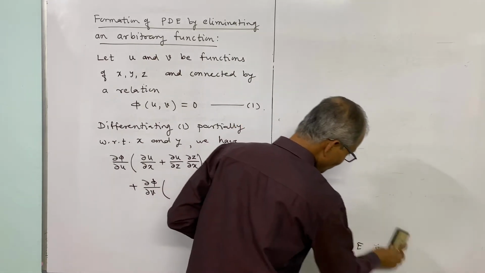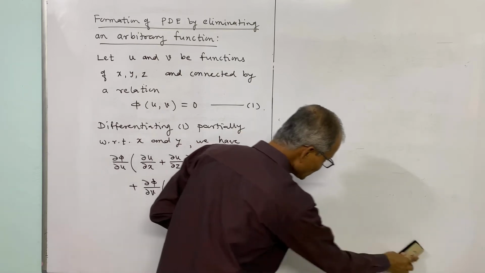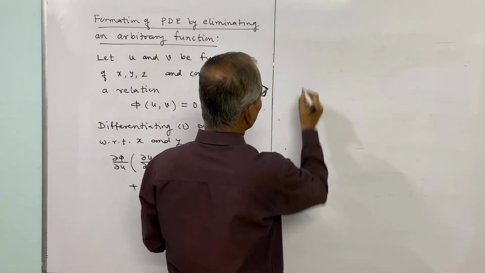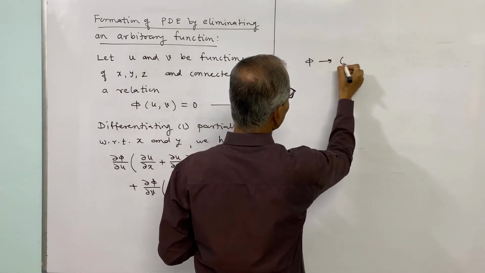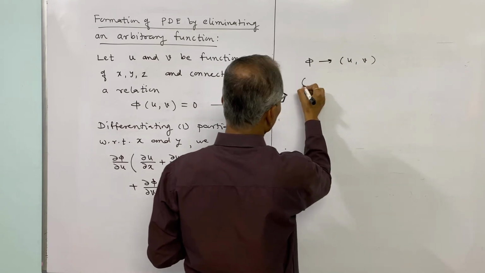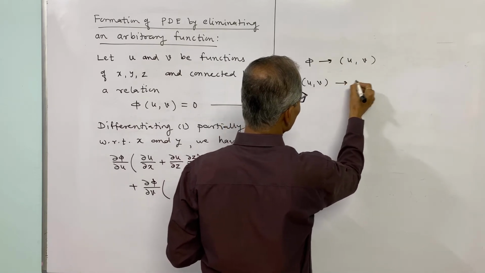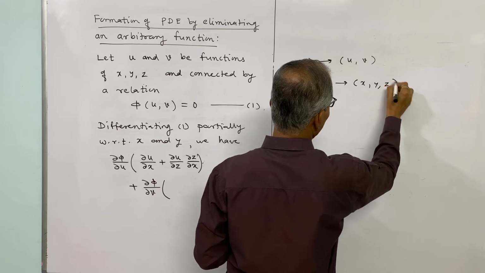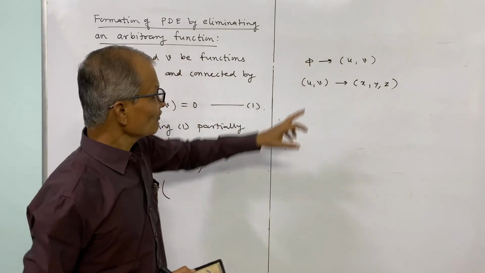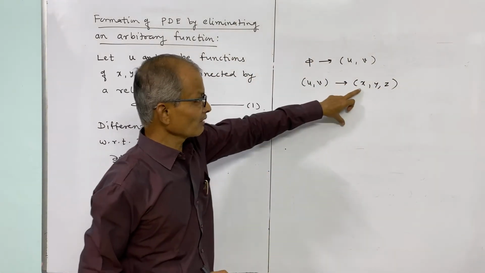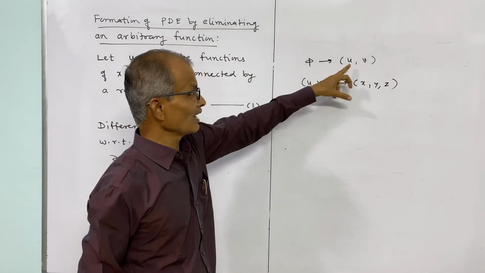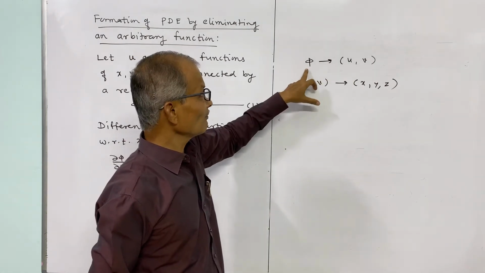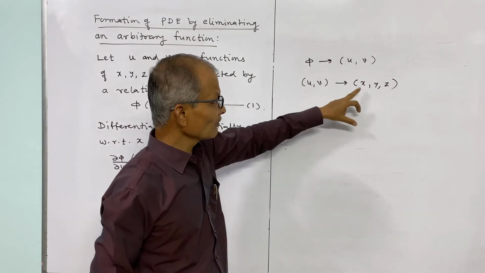See, phi is a function of u and v, and u and v are functions of x, y, z. So now when we are differentiating phi with respect to x, then we have to differentiate this via u. First the derivative of phi with respect to u, then the derivative of u with respect to x.